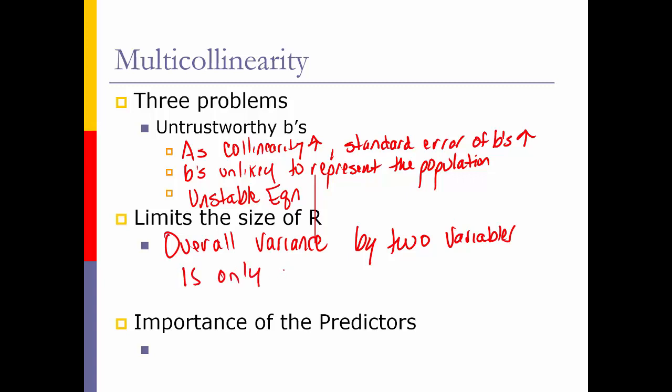At best, it's only a little more than just the one variable. Usually, it's the same. The R value does not change. So the importance of the predictor, we don't know. We won't be able to tell you what the importance of any predictor is when we have multicollinearity.